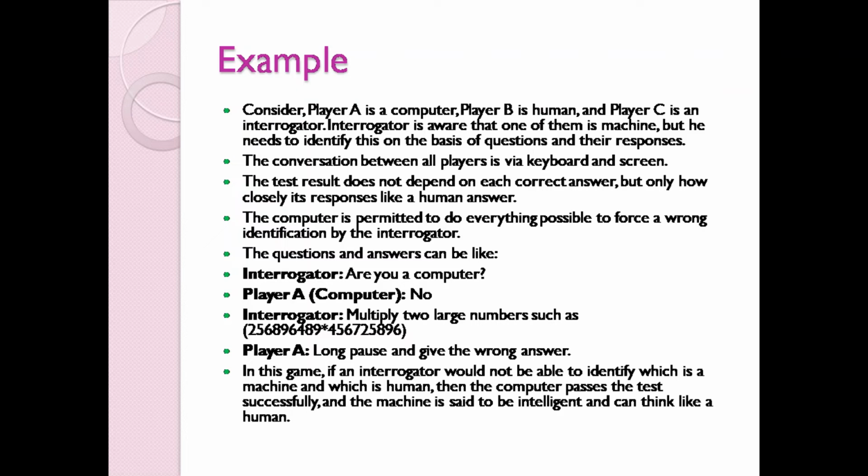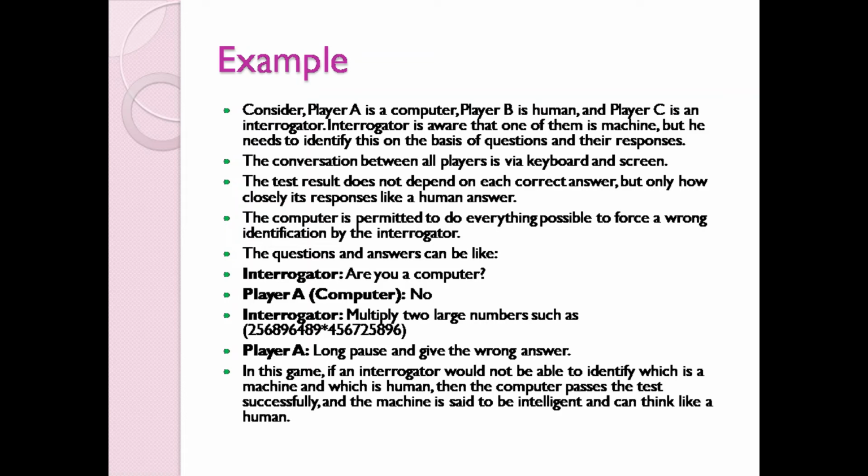The conversation between all players is via keyboard and screen. The test result does not depend on each correct answer, but only on how closely it responds like a human answer. The computer is permitted to do everything possible to force a wrong identification by the interrogator.